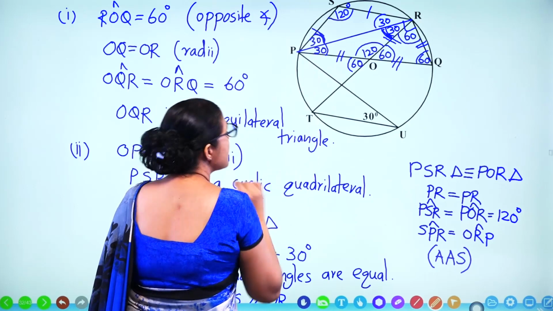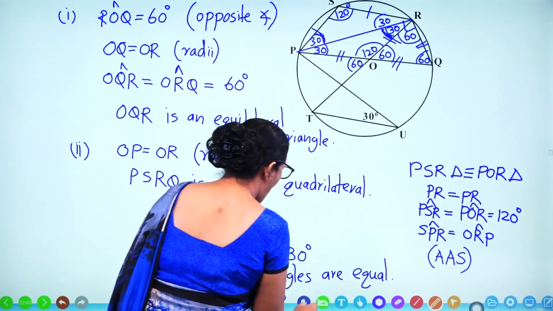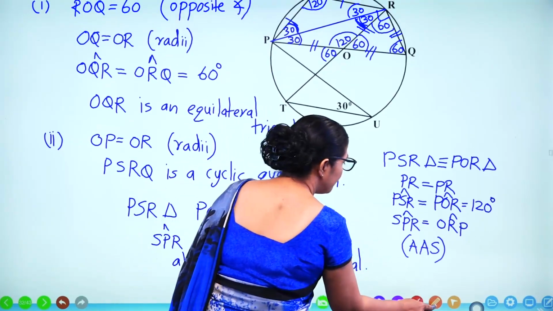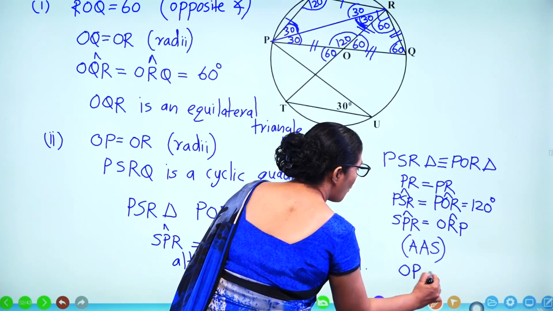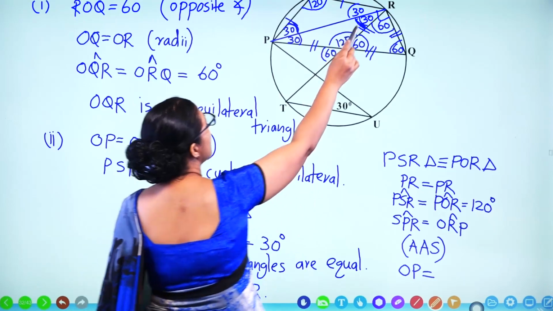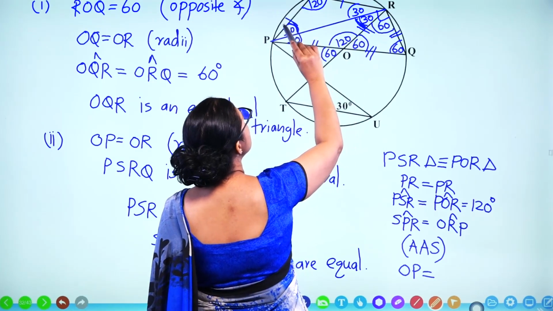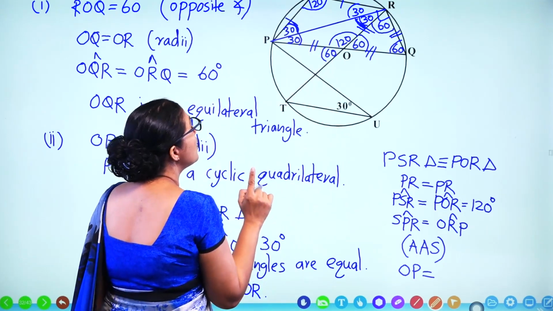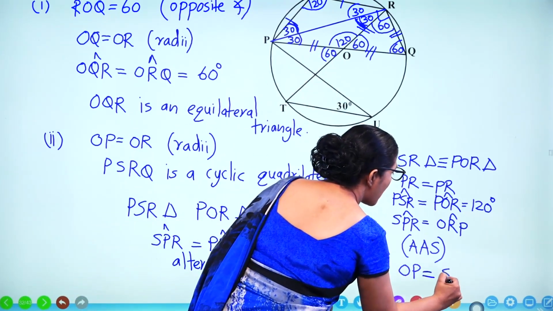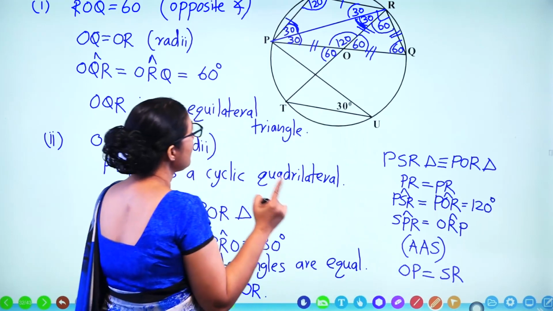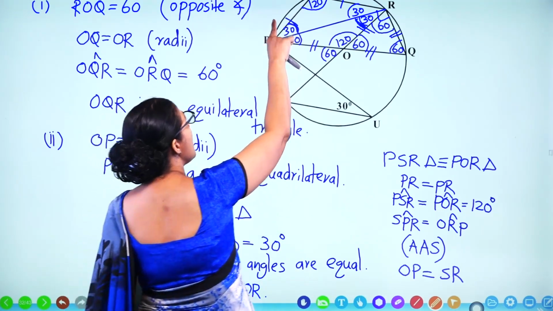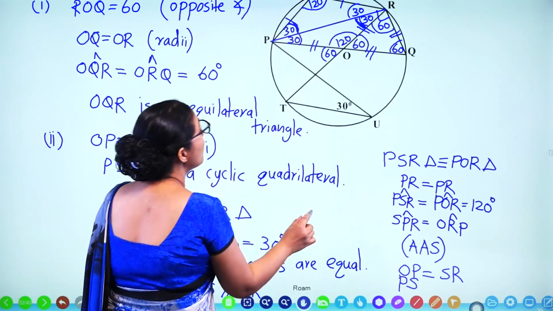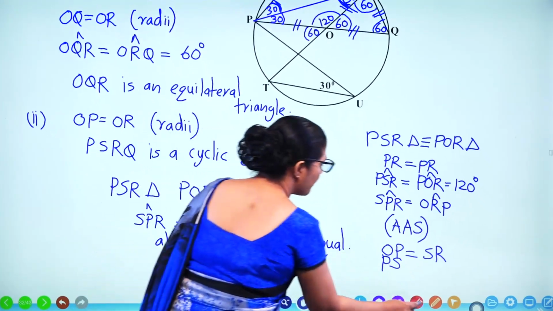So we can say therefore OP. If this is 30, this is 30. Opposite to this one is OP. OP is equal to SR. As well as you can say PS is equal to OR.